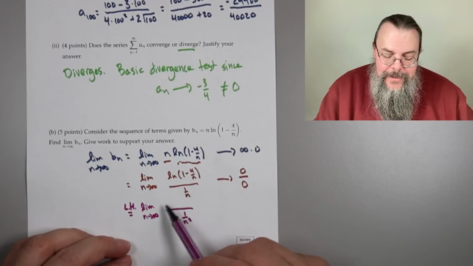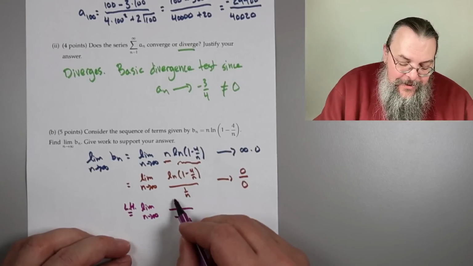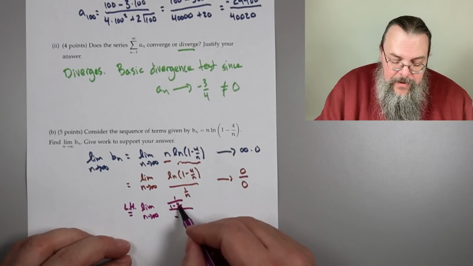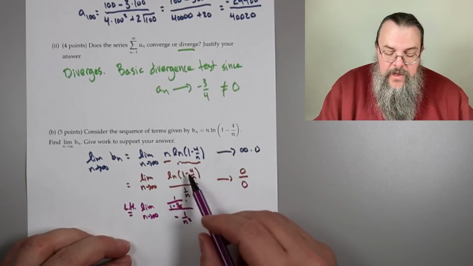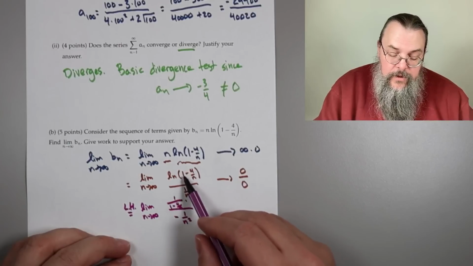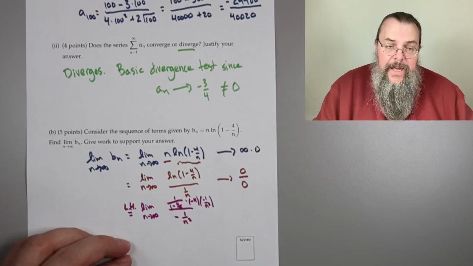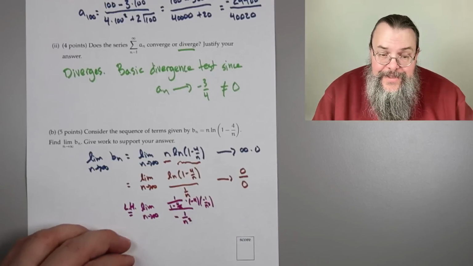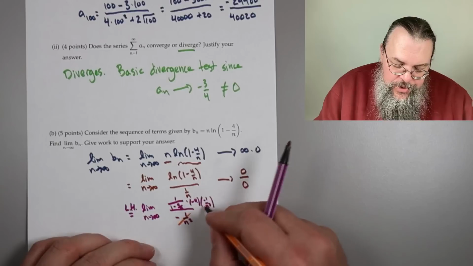I did not give myself enough room. But, okay, so it's 1 over the inside. So 1 over 1 minus 4 over n. And we're going to multiply that by the derivative of the inside. Well, the derivative of 1 is 0. Then you have minus 4 times the derivative of 1 over n, which is minus 1 over n squared. Now, the nice thing is, the minus 1 over n squareds cancel. Nice.